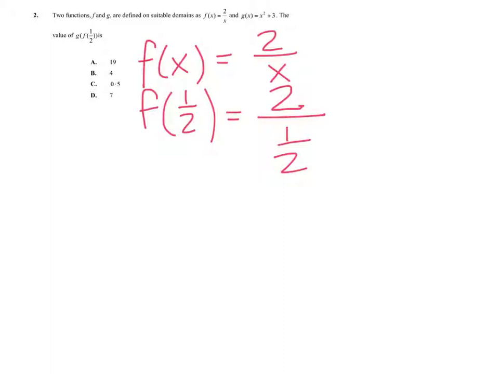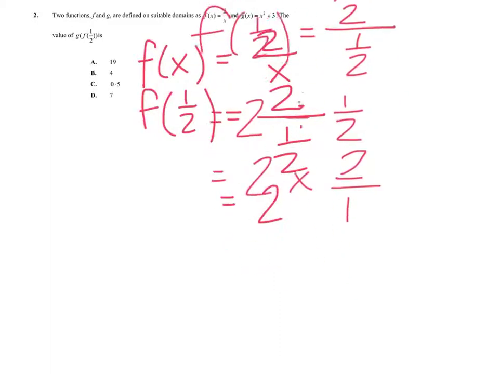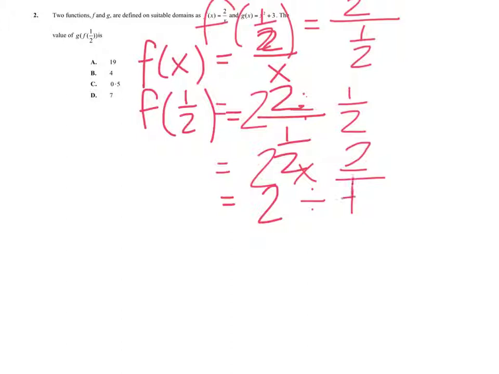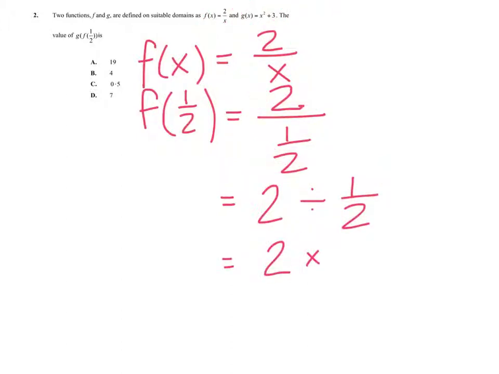That means 2 divided by 1/2, and we can calculate this by changing it to a multiply and flipping the fraction upside down. 2 times 2 over 1 gives us 4 over 1, which is equal to 4.